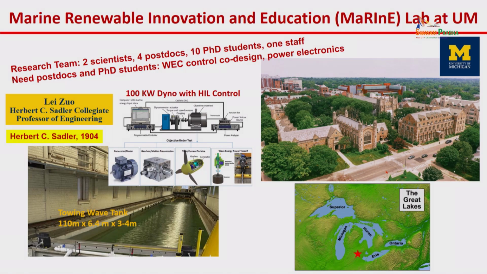Okay. This year, we are lucky to have 11 new projects from the National Science Foundation and DOE. We have postdoc positions open and PhD student positions. We are looking for students who can work on the control and design side, with a background in design, control, hydrodynamics, ocean engineering, like that, right? And I also need some people to work on the power electronics side.